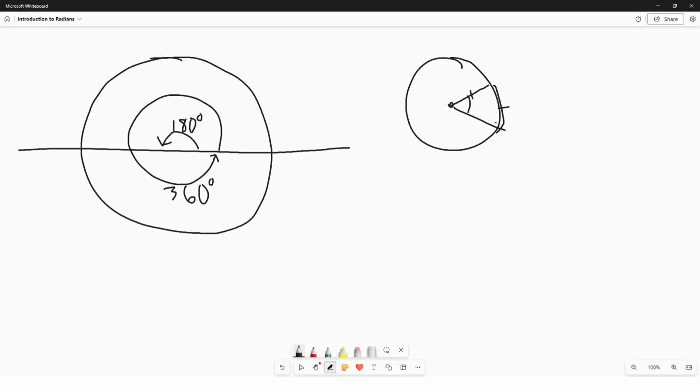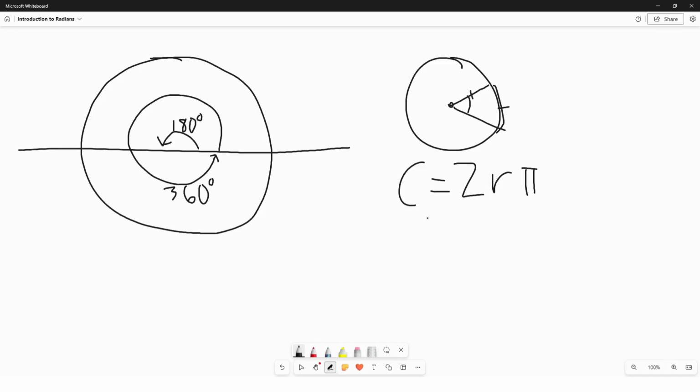And since the ratio of the radius to the diameter is always the same no matter how big the circle is, the value of this angle won't increase or decrease depending on how big your circle is. So this is 1 radian, and since circumference equals 2 r pi, the ratio of the circumference to the radius is 2 pi.